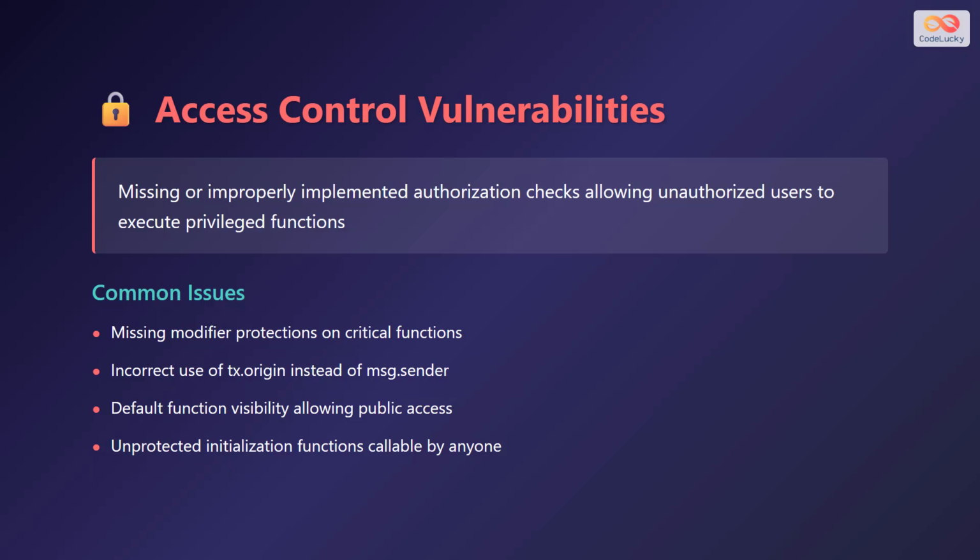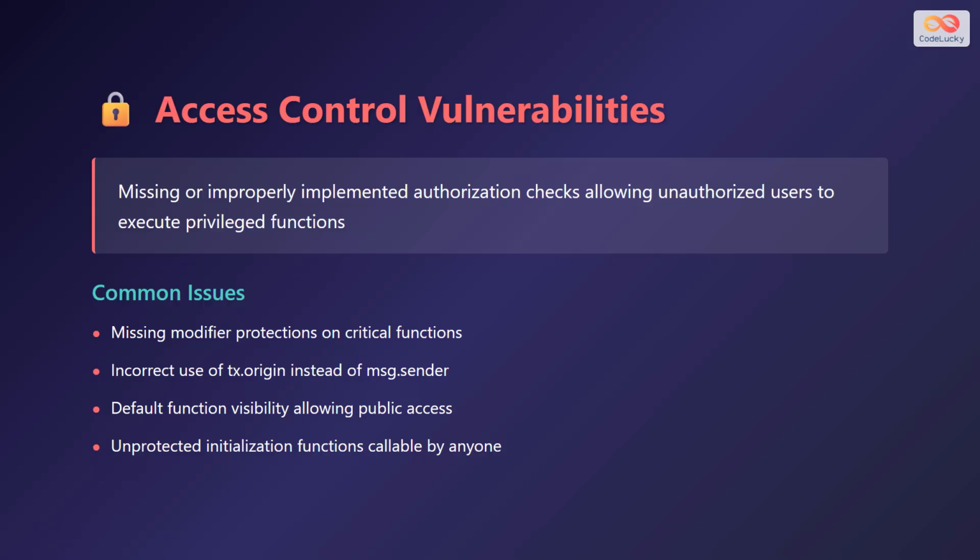Access control vulnerabilities occur when authorization checks are missing or improperly implemented, allowing unauthorized users to execute privileged functions. These are among the most common and easily exploitable vulnerabilities. There are several typical scenarios. Functions lack proper modifier protections, making critical operations accessible to anyone.